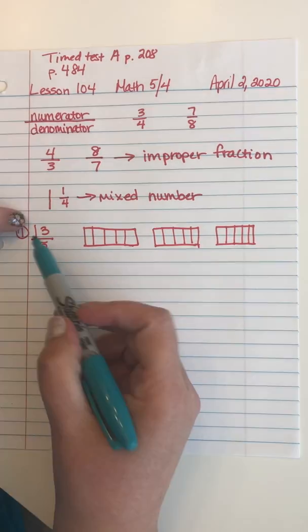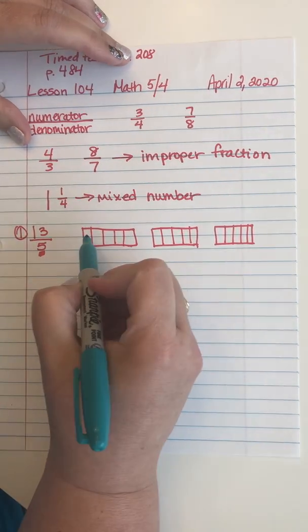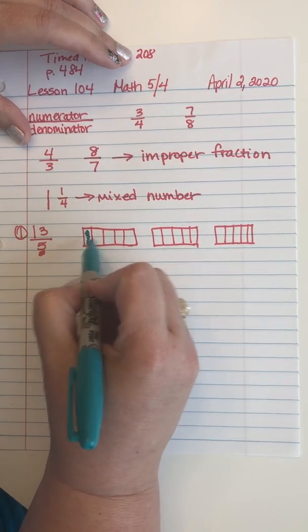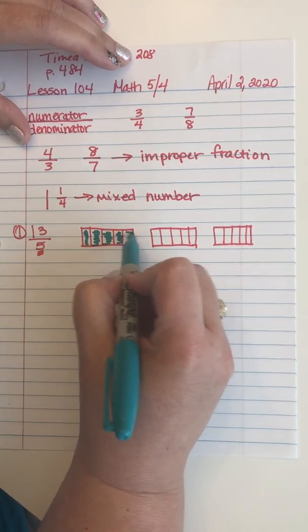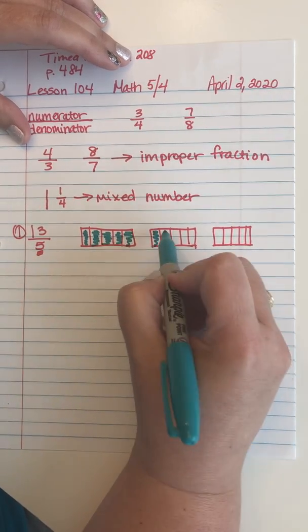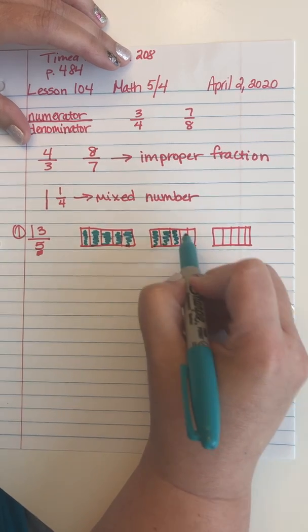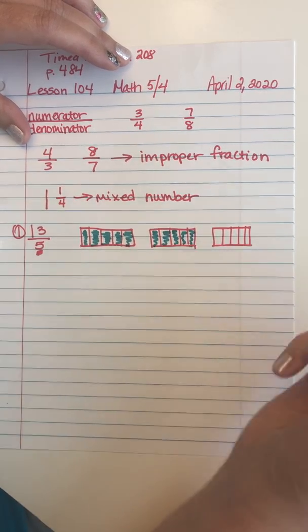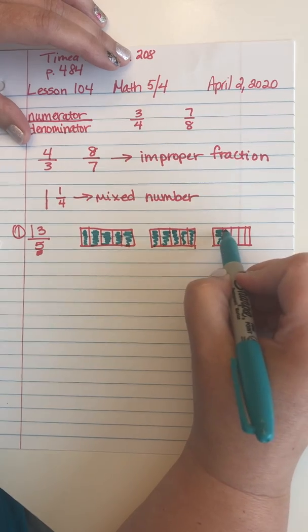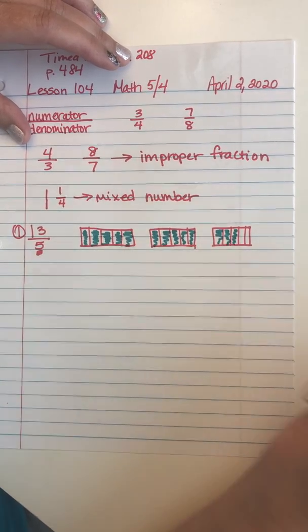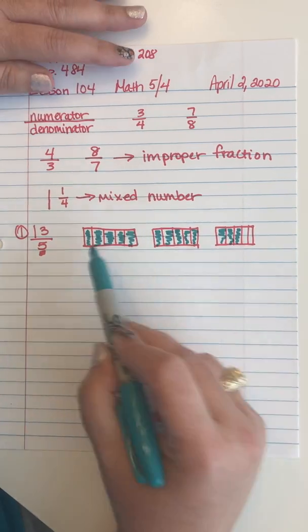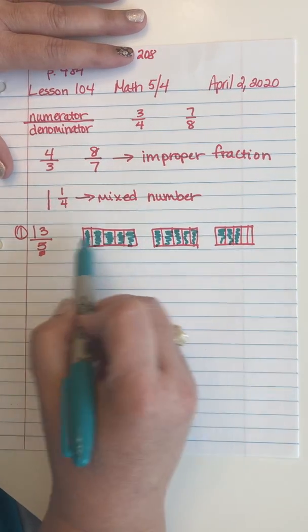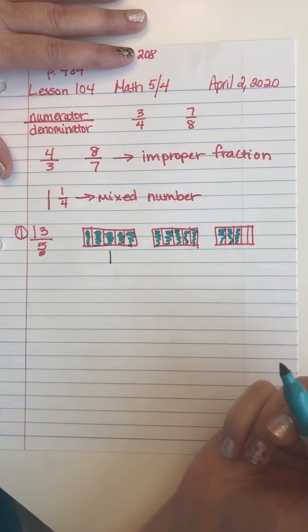Now, if I'm going to color 13/5, I'm going to count: 1, 2, 3, 4, 5, 6, 7, 8, 9, 10, 11, 12, 13. This one is one whole.